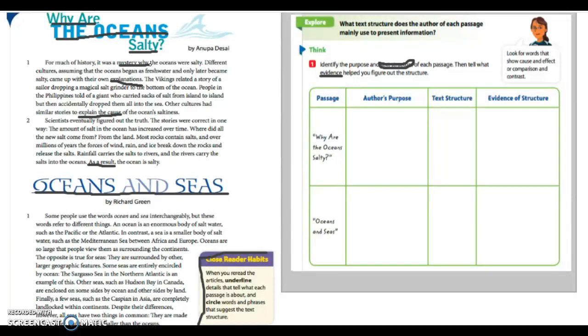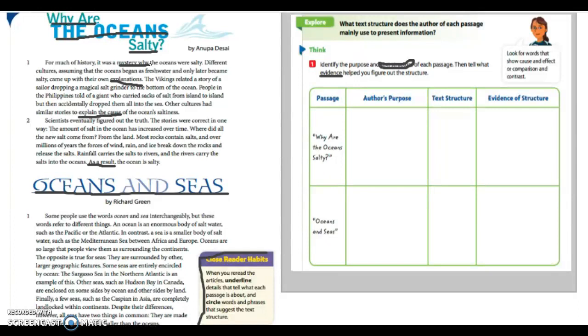Oceans are so large that people view them as surrounding the continents. The opposite is true for seas. They are surrounded by other large geographic features. Some seas are entirely encircled by ocean. The Sargasso Sea in the northern Atlantic is an example of this.